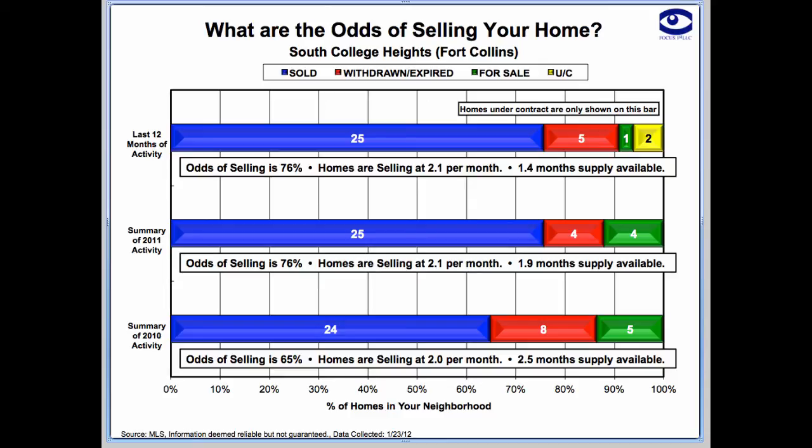Also, it's important that you include all status activity, including withdrawn and expired properties. If you just look at the number of properties sold and don't have a clear understanding of how many were withdrawn or expired, or how many were for sale, you don't get a complete perspective of the market. For this neighborhood, things are selling pretty well. Now, even though that's the case, not every property that's getting listed is selling.